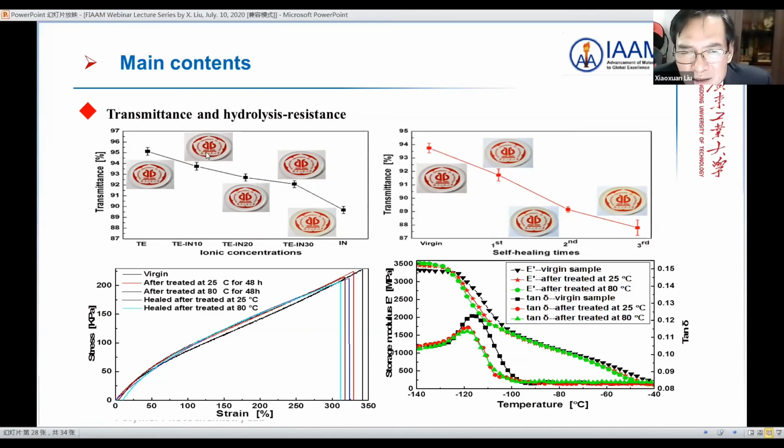This is a sample from my university, Guangdong University of Technology. The samples persistently keep good mechanical properties. This is the storage modulus, which changes with different temperatures for the different samples.